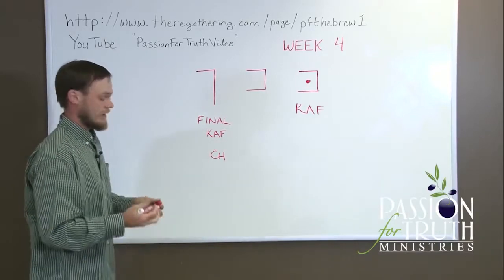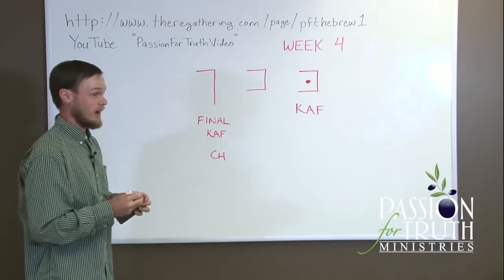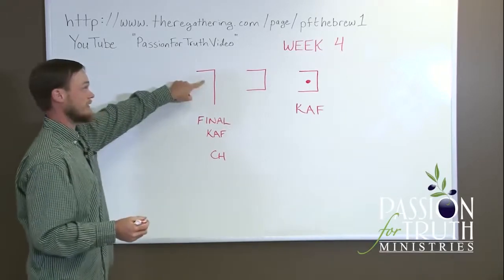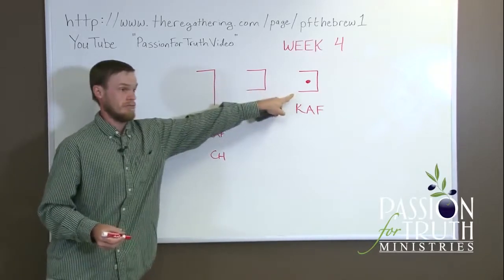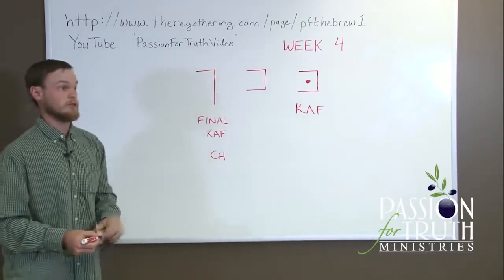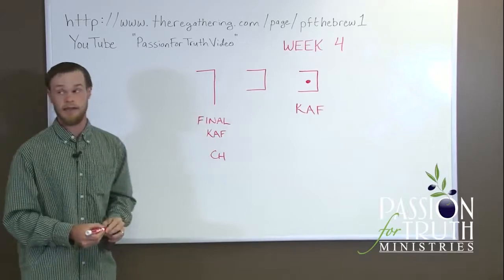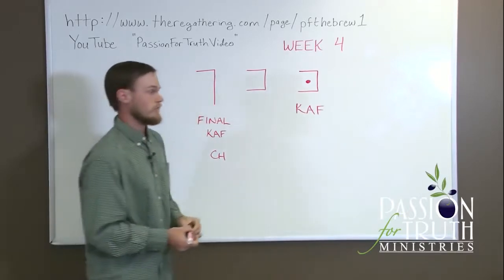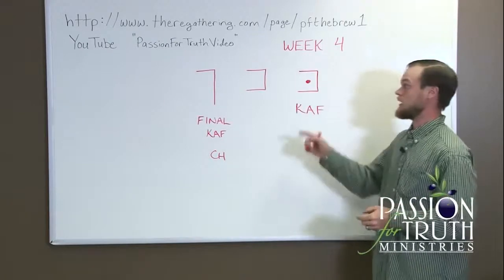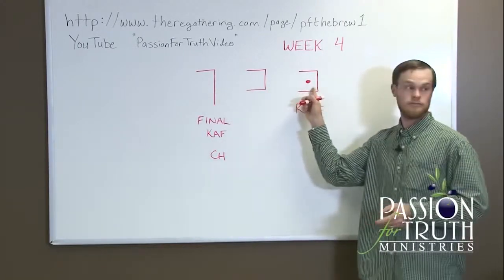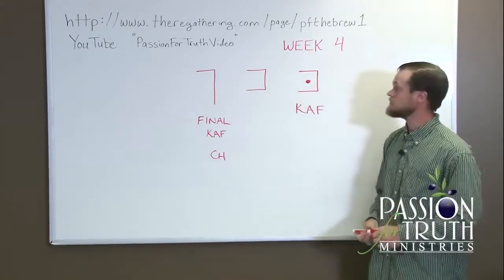In any word that ends in a kaf, the kaf will be written like this. It's exactly the same as a regular kaf. It just looks different when it's written at the end of a word. So it's a ch kaf, not a K. It's always a ch, because it will never have a dagesh.